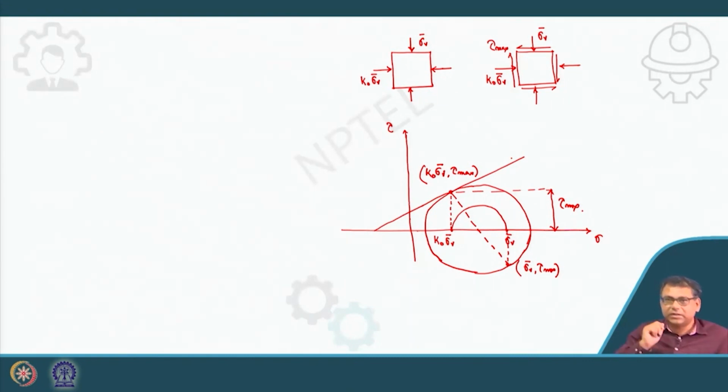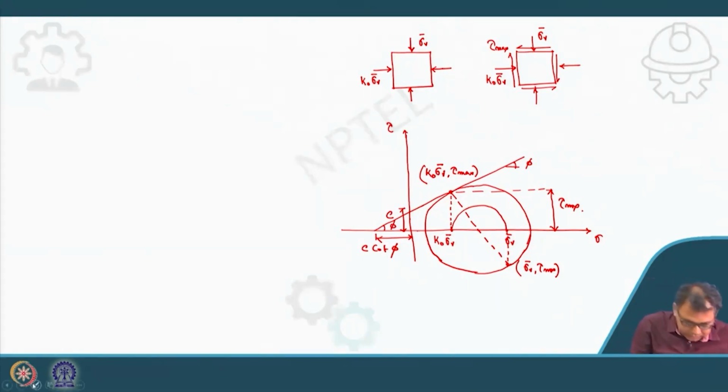Suppose this is my failure envelope, this is phi, and this one is the C. So this value will be C cot phi, because this is phi, this is also phi. So this value will be C cot phi.